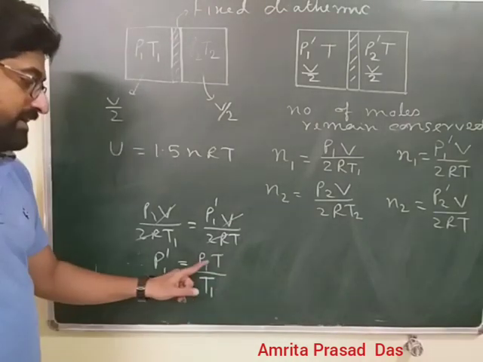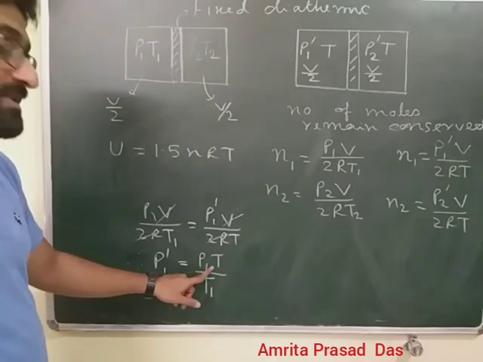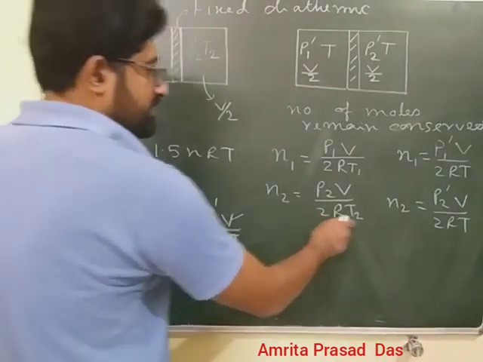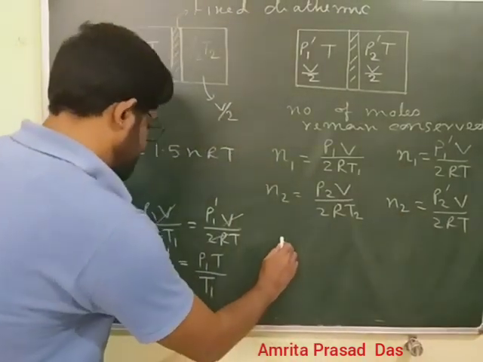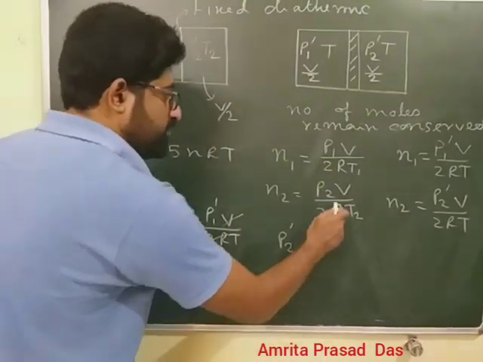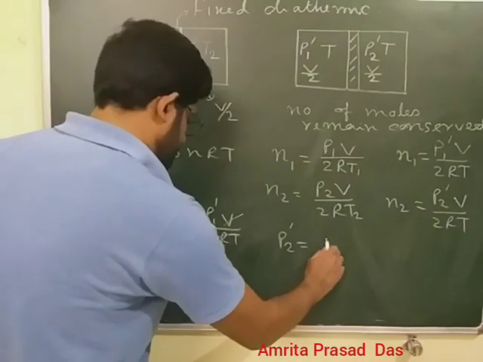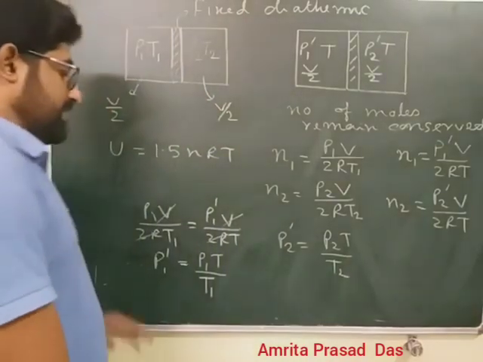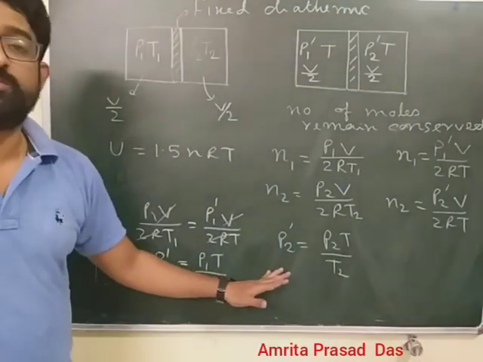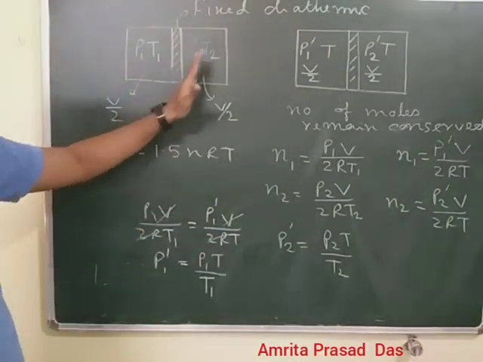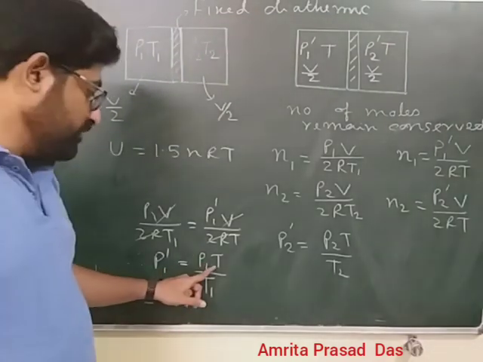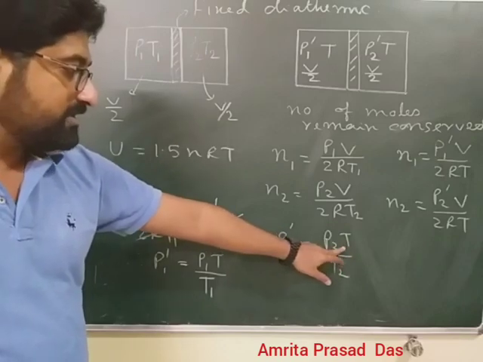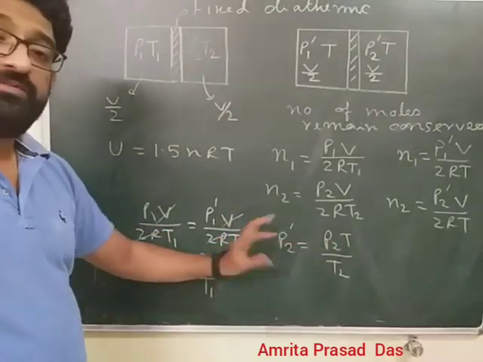Now we have to find out the common final temperature T. That is a separate process. Similarly from these two we can write, equating, that P2 dash is equal to P2 T by T2. Therefore, these are the final pressures of this chamber and this chamber. But here we have to find out the final temperature, and then we can put the value of the temperature here to get the final expression.